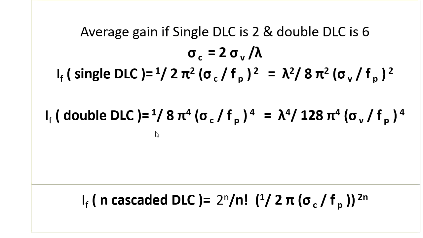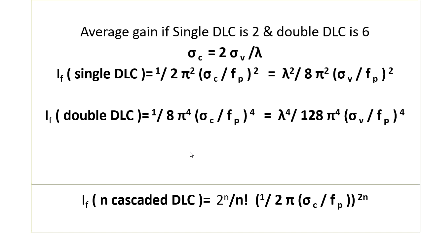After simplification, I will get the improvement factor for the double delay line canceller as 1 by 8 pi raised to 4 into sigma c pi by Fp, whole raised to 4. That is the standard deviation in terms of hertz. And if I substitute sigma c equal to 2 sigma v by lambda, I get the expression in terms of standard deviation in meter per second.